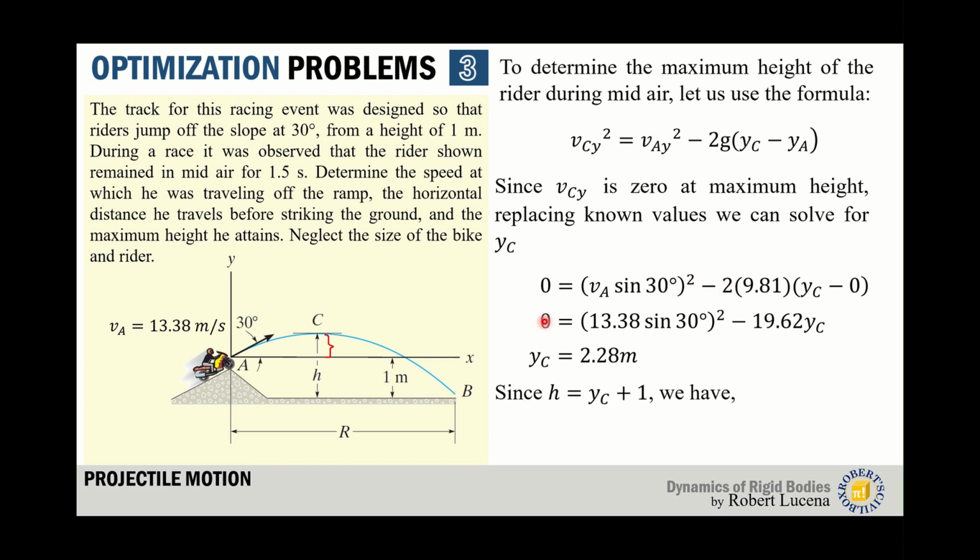But since we are asked for the maximum height measured from the ground, and yC is measured from point A, we'll need to add 1 since A is 1 meter above the ground. So if we're asked for the height measured from the ground, we need to add this one. If we're only asked for the position of the rider at maximum height, then we'll just have 2.28.